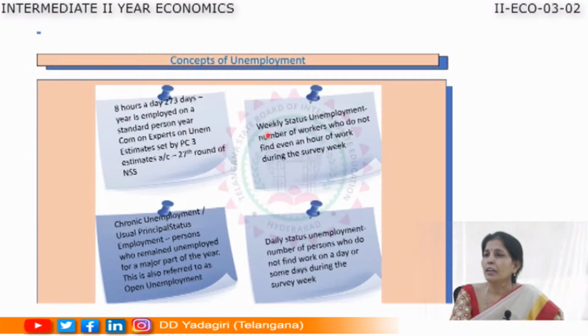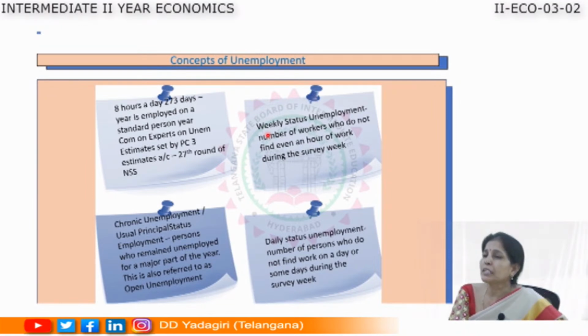Concept of unemployment. In a standard employment, a person is considered employed when he or she is able to get a job occupying 8 hours a day. This is how we calculate: 8 hours a day, 273 days in a year. Then we call that person an employed person.